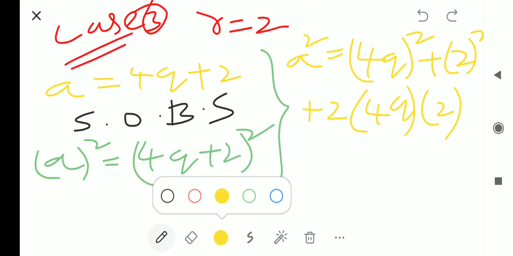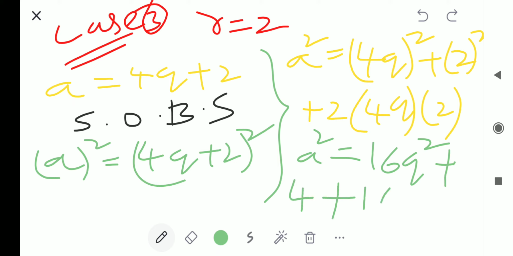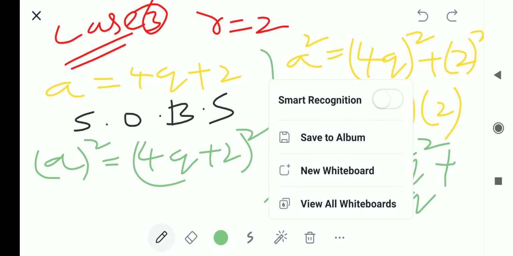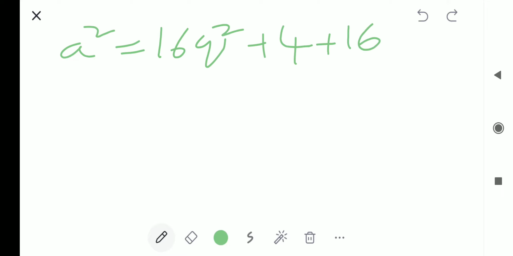I can write its next step as a square is equal to 4q whole square is 16q square, plus 2 square is 4, plus 2 into 4q into 2 can be written as 16q. I am writing in the next step a square is equal to 16q square plus 4 plus 16q.